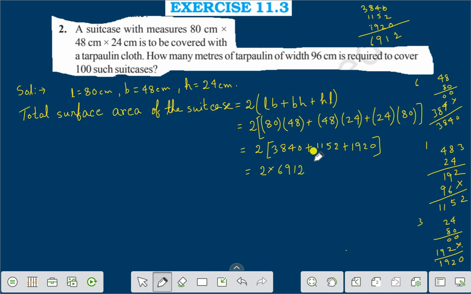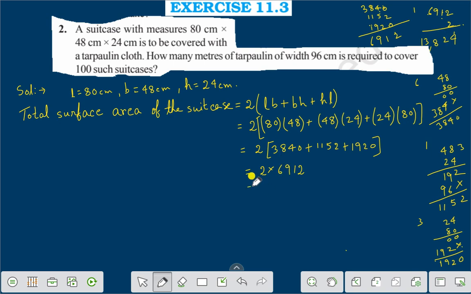If you multiply 6912 with 2, then you are getting 13,824.